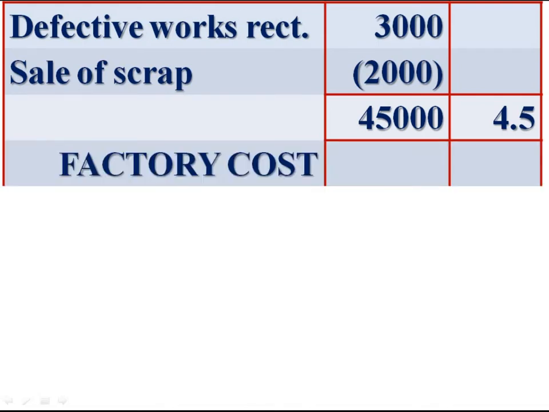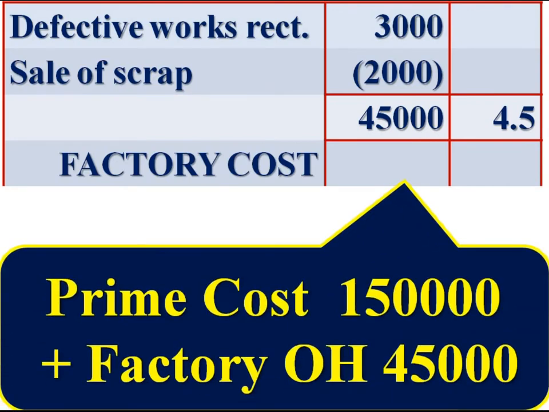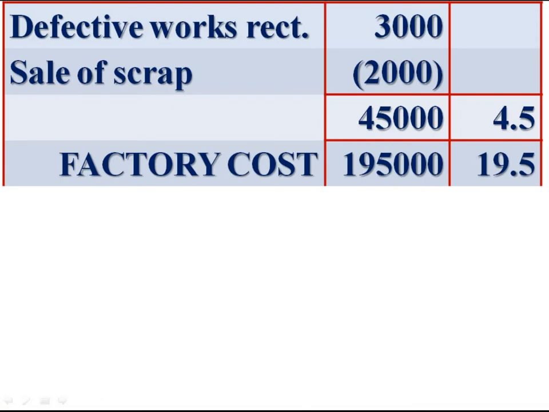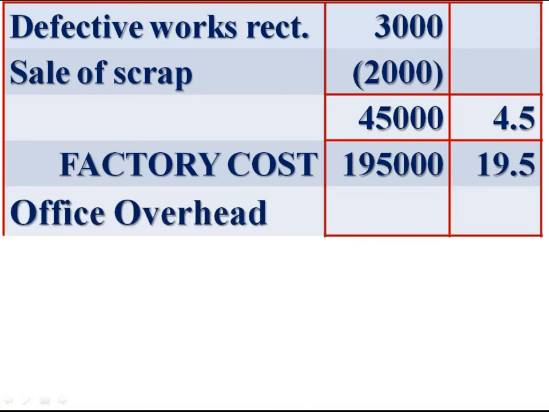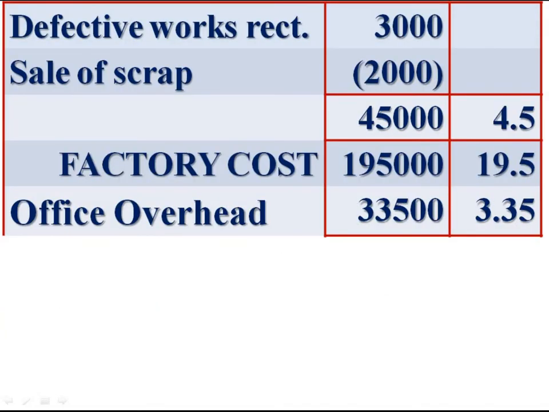Add this total factory overhead to the prime cost. Prime cost rupees 1,50,000, factory overhead rupees 45,000, and we get factory cost rupees 1,95,000, rupees 19.5 per unit. And office overhead, we are given clerical salaries rupees 33,500, 3.35 per unit.